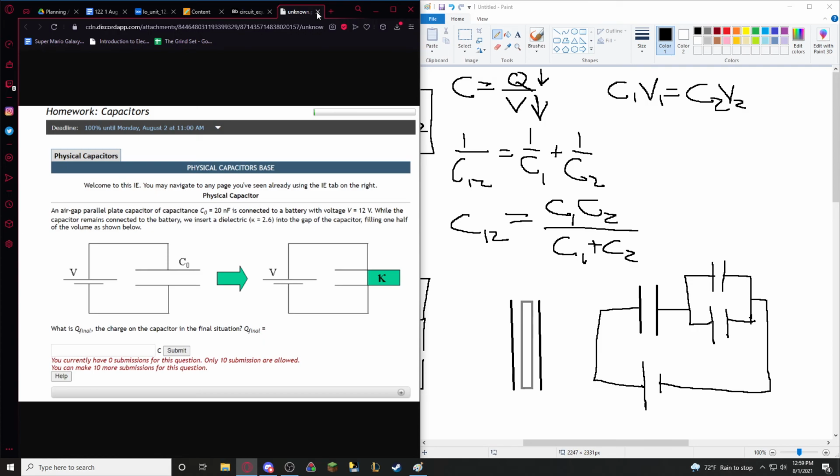Is this where we're going to have to use that electric field one? How do we relate charge, capacitance, and voltage? Oh, capacitance equals charge over voltage. Is voltage changing? No. Is charge increasing? Yes. By how much?